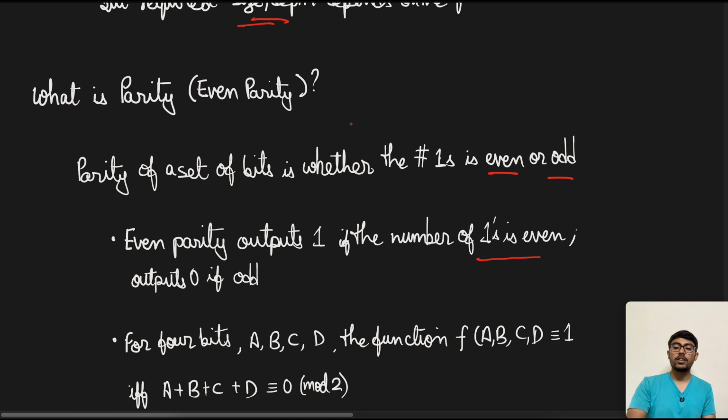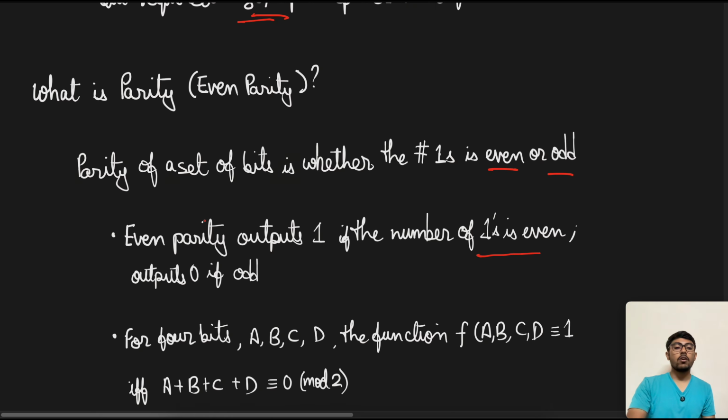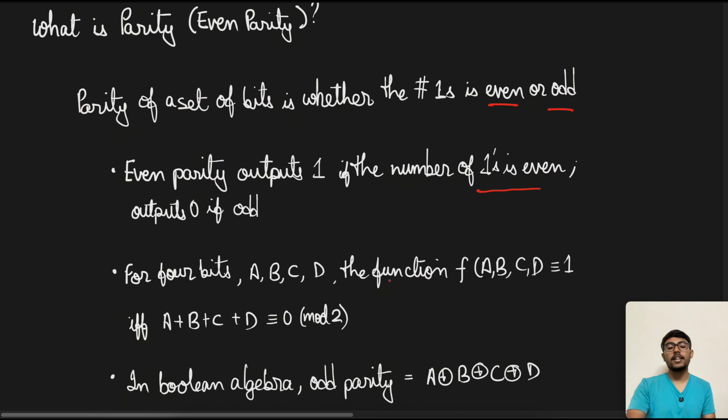If the number of ones is even, parity is true. If the number of ones in the bits is odd, then the output would be 0 for even parity. For odd parity, this would be reversed. Now for 4 bits a, b, c and d, the function f of a, b, c, d equals 1 if and only if a plus b plus c plus d is equivalent to 0 mod 2.